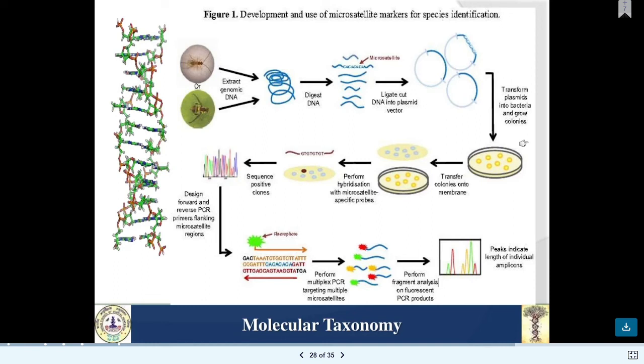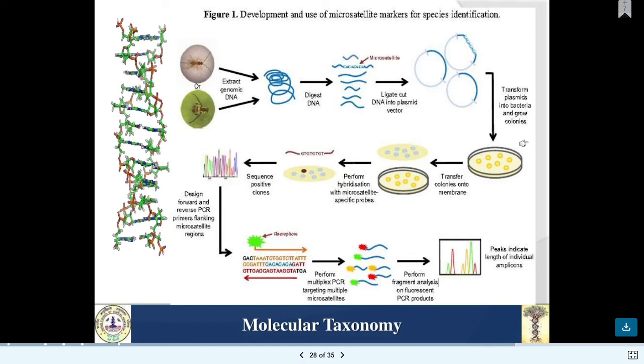We transform the plasmids into the host bacteria, an E. coli strain which we generally use as a host organism.